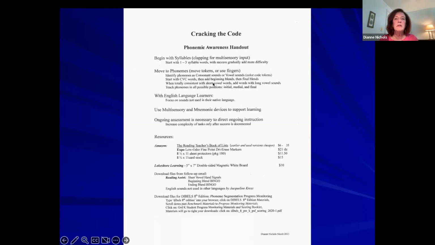When totally consistent with short vowel words, begin to add some long vowel sounds, teach phonemes in all possible positions, initial, medial, final. With English language learners, focus on the sounds not used in their native language. Use multisensory and mnemonic devices to support learning. An ongoing assessment is necessary to direct ongoing instruction. Increase complexity of tasks only after success is documented.